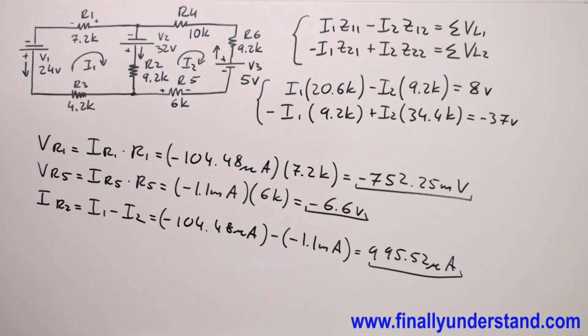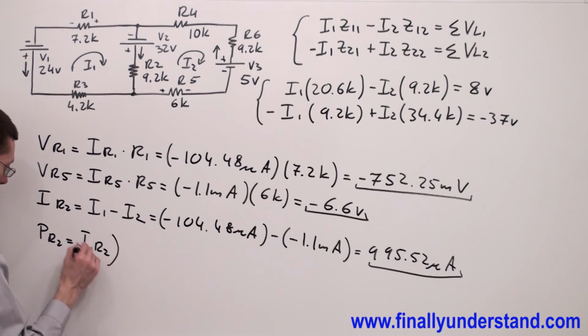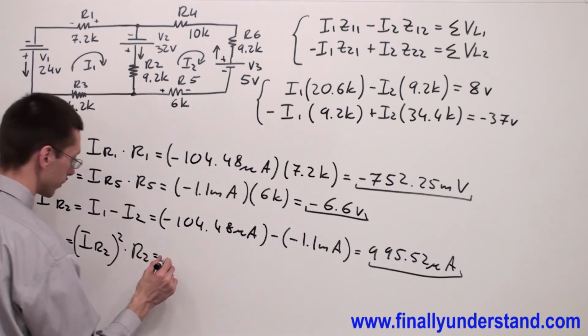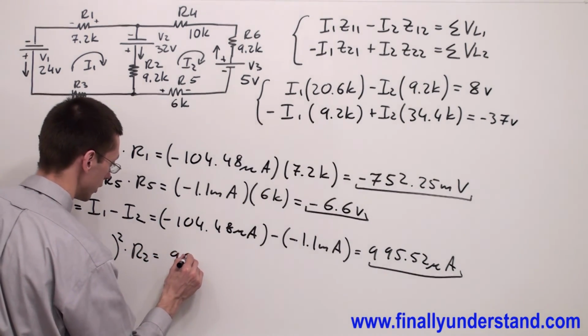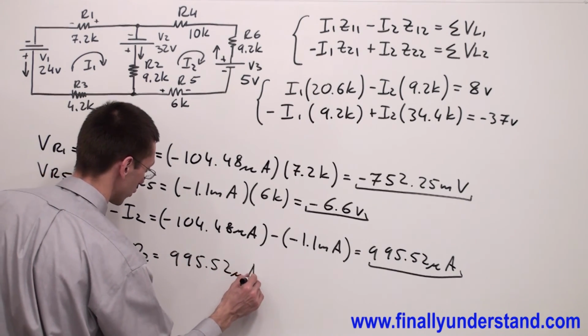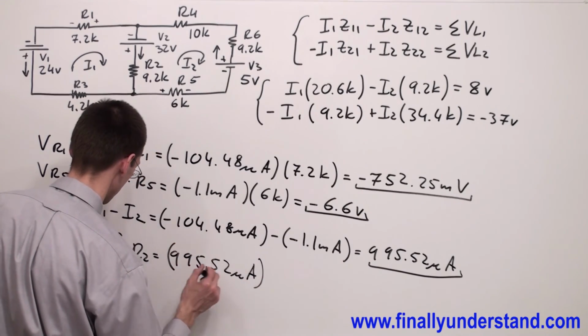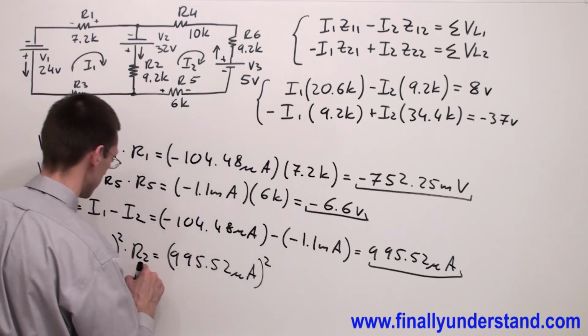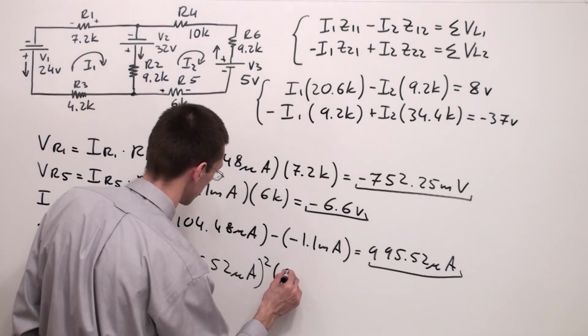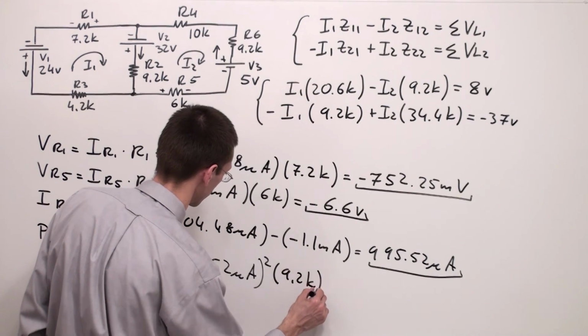Next, we're supposed to find the power at this resistor. PR2 is going to be equal to IR2 squared times R2, which is equal to 995.52 microamps squared times R2, which is equal to 9.2 kilo.